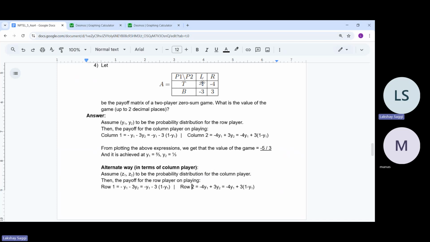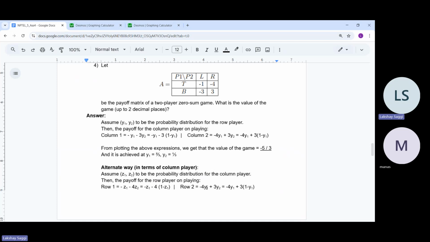So if the row player plays row 1, he gets minus Z1 minus 4Z2, which is nothing but minus Z1 minus 4 times 1 minus Z1, because Z1 plus Z2 should again be equal to 1.